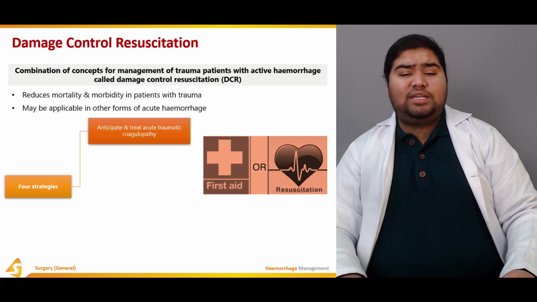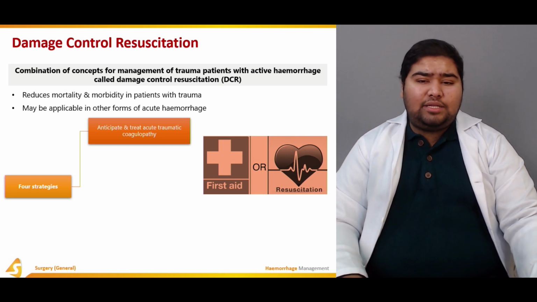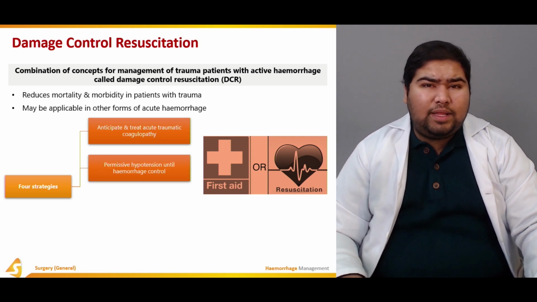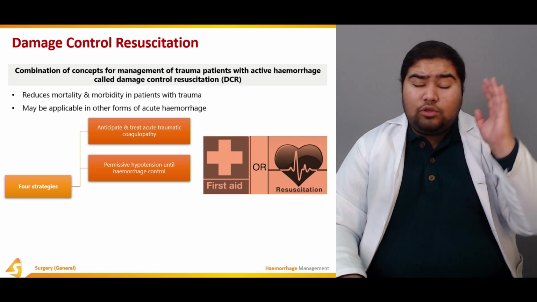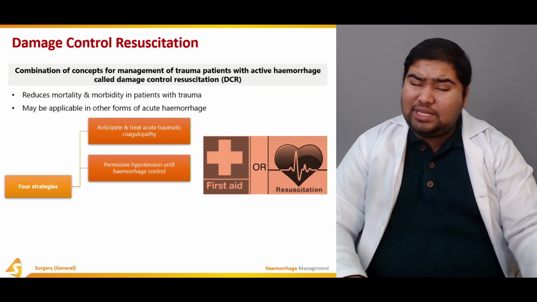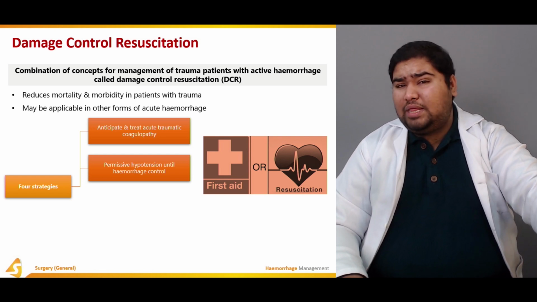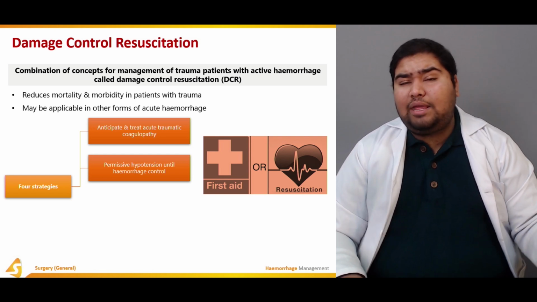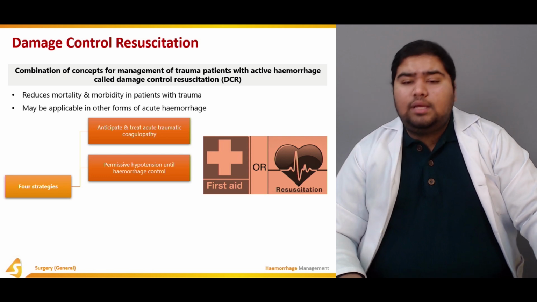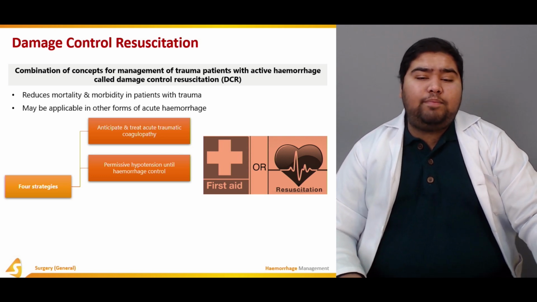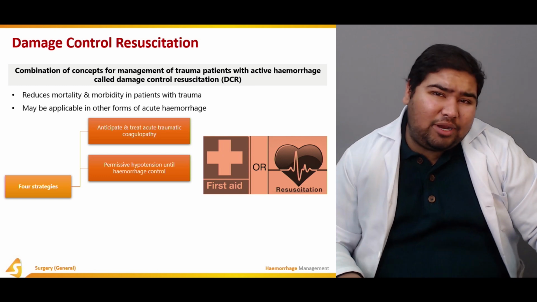So there are 4 strategies. You anticipate and treat acute traumatic coagulopathy. So you keep an open mind, you keep in mind that acute traumatic coagulopathy might be there. So you anticipate it and you treat it. Then there is permissive hypotension until hemorrhage control.